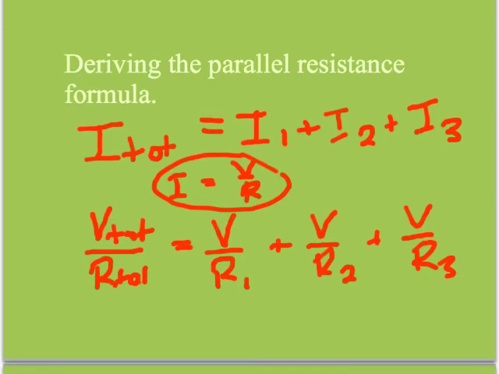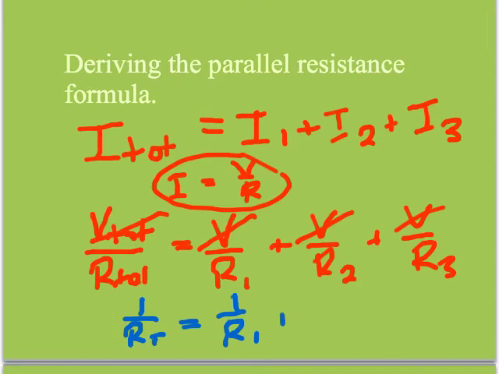The same thing here, you can actually get rid of that common factor, which is V, and you're then left with 1 over R total is equal to 1 over R1 plus 1 over R2 plus 1 over R3.